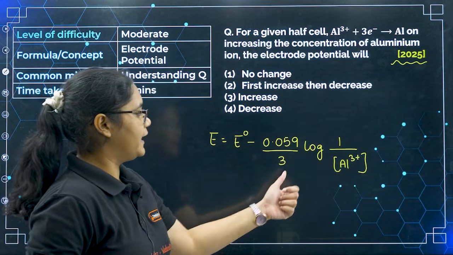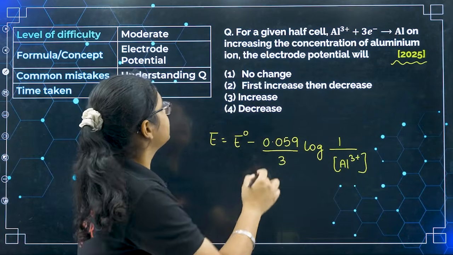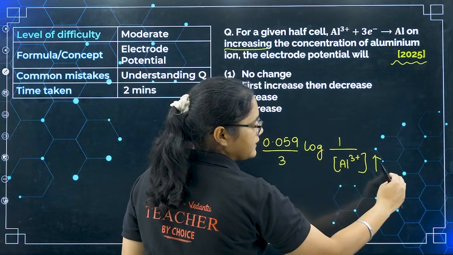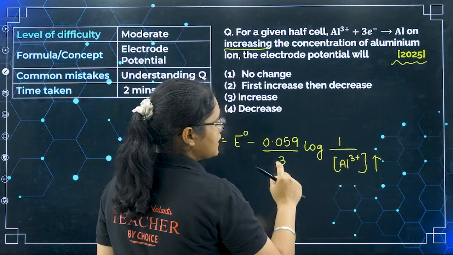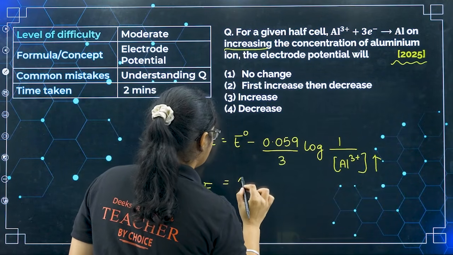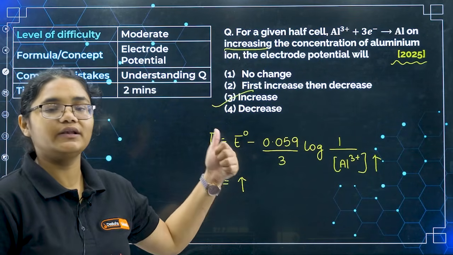So if the Al3 plus concentration is increasing, that means this whole number will decrease, the log of that number will decrease, you will subtract a smaller number, so I will say that the E value will increase. So that is option number 3, that is E value will increase.